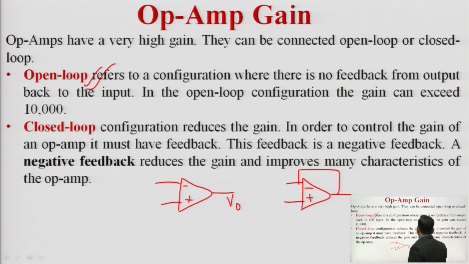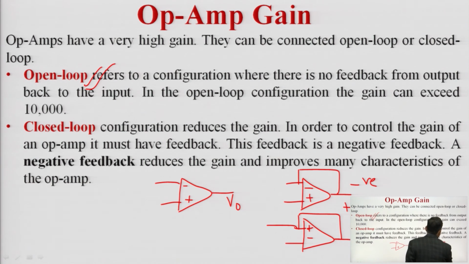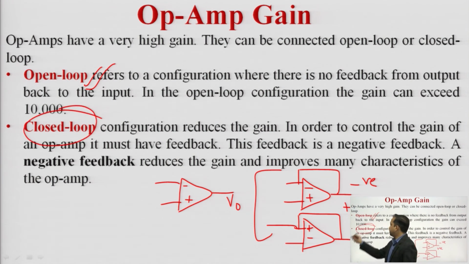Whenever we use feedback, maybe negative or positive, this is negative feedback and this is positive feedback, then these two configurations are known as the closed loop configurations.